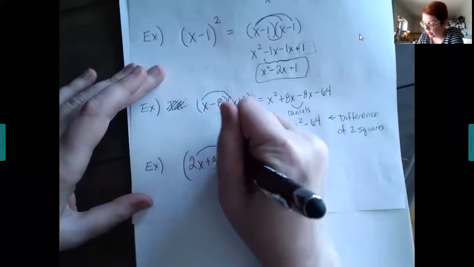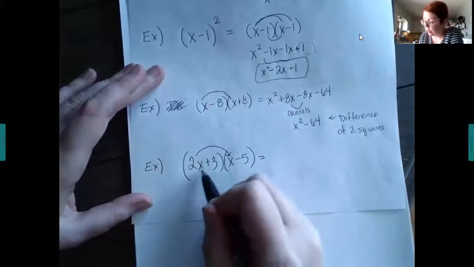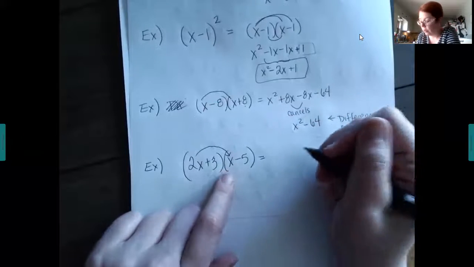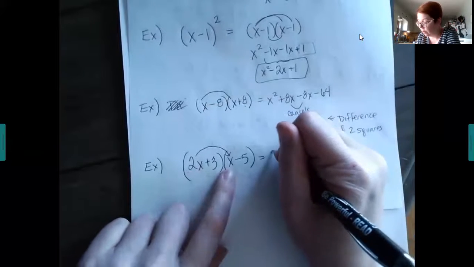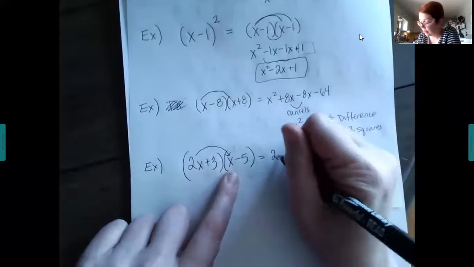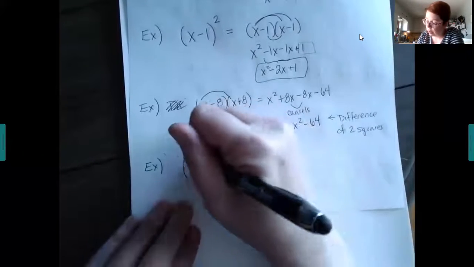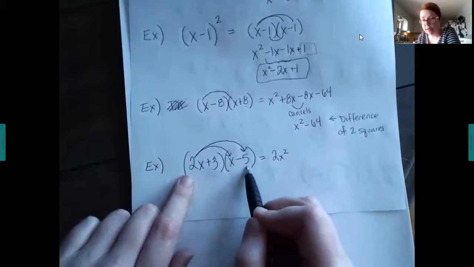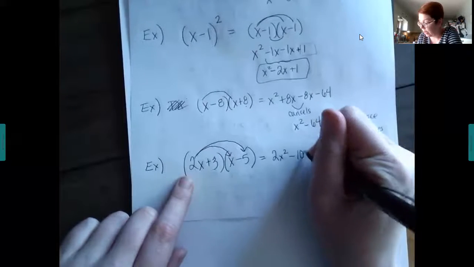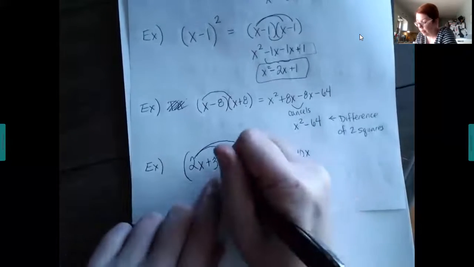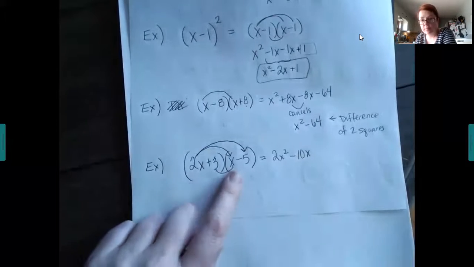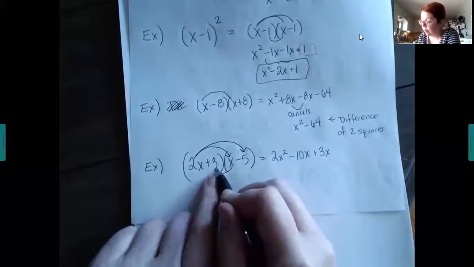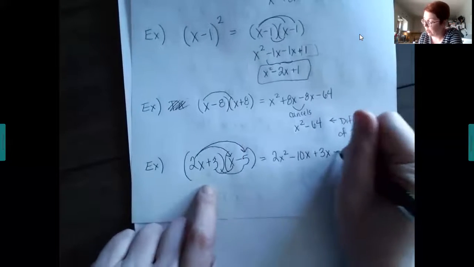So when we multiply this together, since there's no number in front, we can consider that a 1. So it'll still be 2 times 1. And x times x is x squared. And we multiply this, 2x times a minus 5 will be a minus 10x. Here, 3 times x. And now 3 times a minus 5.